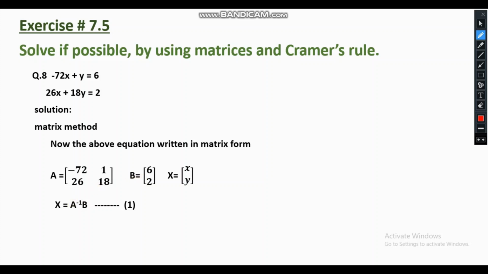The formula of the inverse of a is 1 over the determinant of a multiplied by the adjoint of a. So we will find the adjoint of a and the determinant of a. After finding these values, we will put them here. So the value of a inverse, after finding it, we will put in equation 1, and the values of x and y will be found.